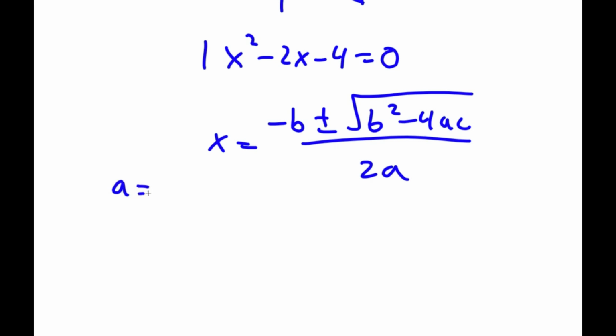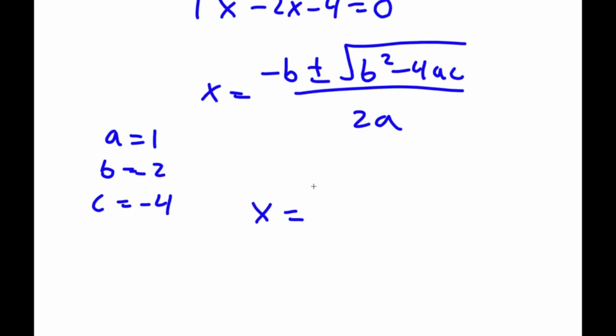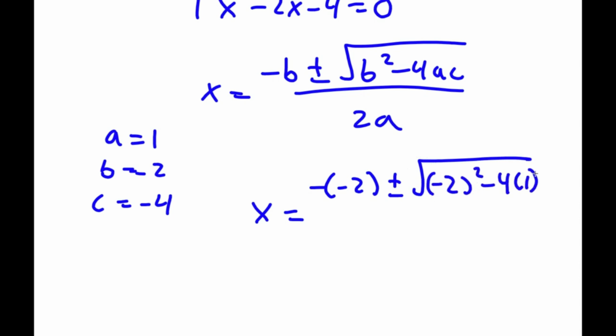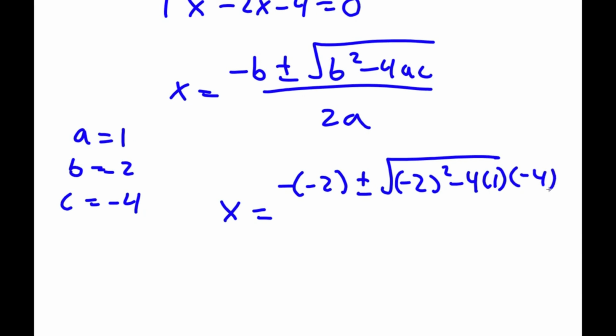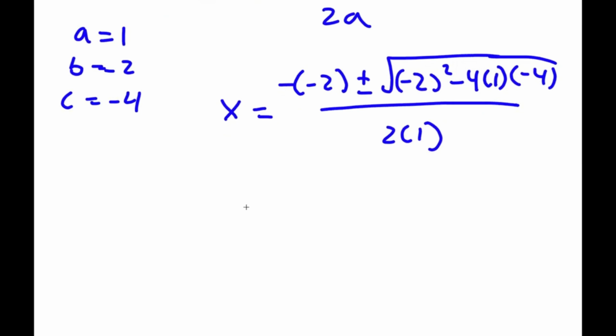Now in this case, a is equal to 1, b is equal to negative 2, and c is equal to negative 4. So now I have x is equal to negative negative 2 plus or minus the square root of negative 2 squared minus 4 times a, which is 1, times c, which is negative 4, all over 2 times a, so 2 times 1.